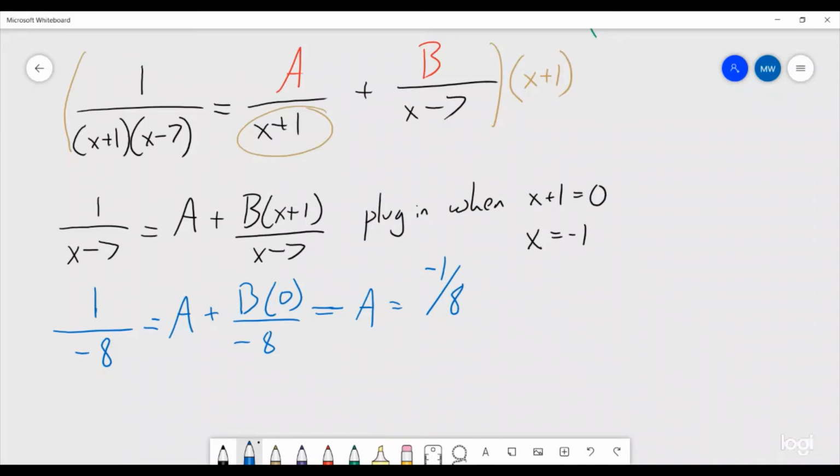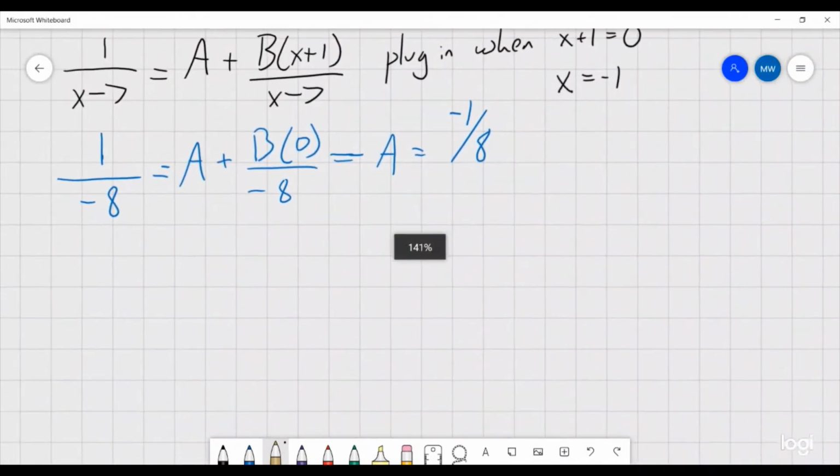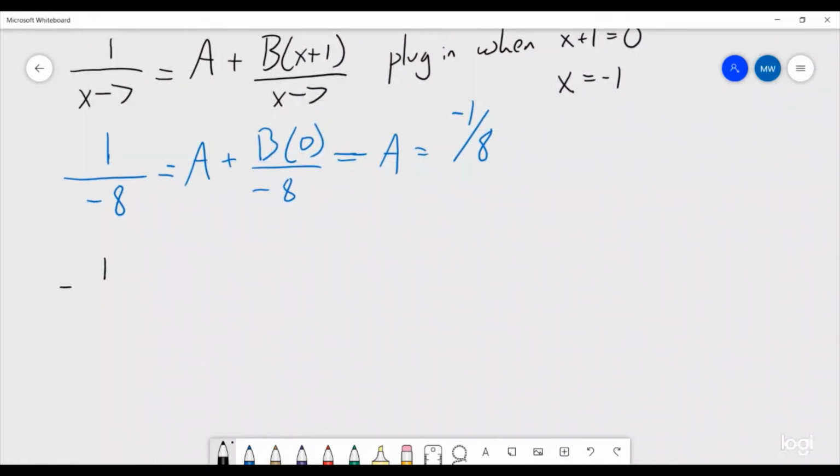If instead we had plugged in x minus 7, that would give us 1 over x plus 1 is equal to a over x plus 1 times x minus 7 plus b, because the x minus 7's cancel on the bottom.